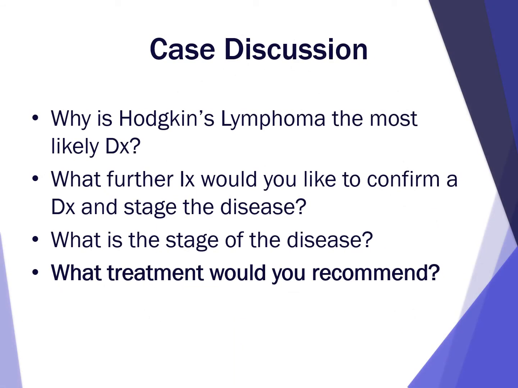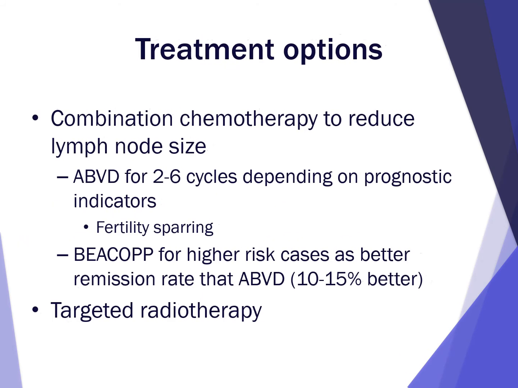Following the diagnosis of Hodgkin's lymphoma, it is also important to understand what treatment options are available and what the general principles of treatment are. Unless there is a contraindication, treatment begins with combination chemotherapy to reduce the size of the lymph nodes. Now, there are 2 common regimes used.